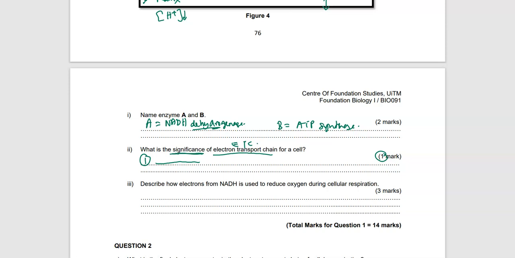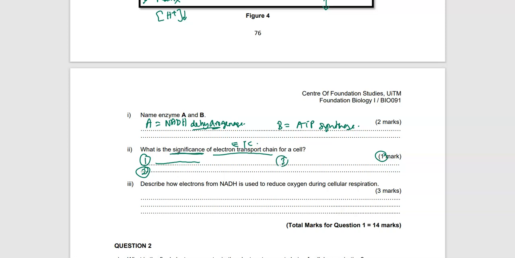The ETC involves the transfer of electrons from one electron carrier to another electron carrier and causes energy to be released. That is the second point. I repeat, the transfer of electrons from one carrier to another carrier causes energy to be released.